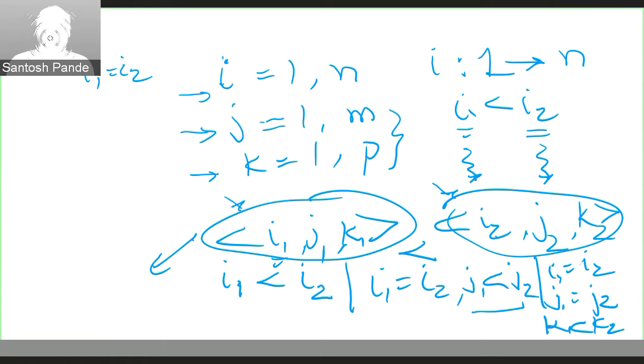And how to incorporate that in terms of what we are looking at. So what I'm going to do now is a similar kind of loop here. This is my I, this is my J, and this is my K. And again, I'm going to say that I have I1, J1, K1, and I2, J2, K2.